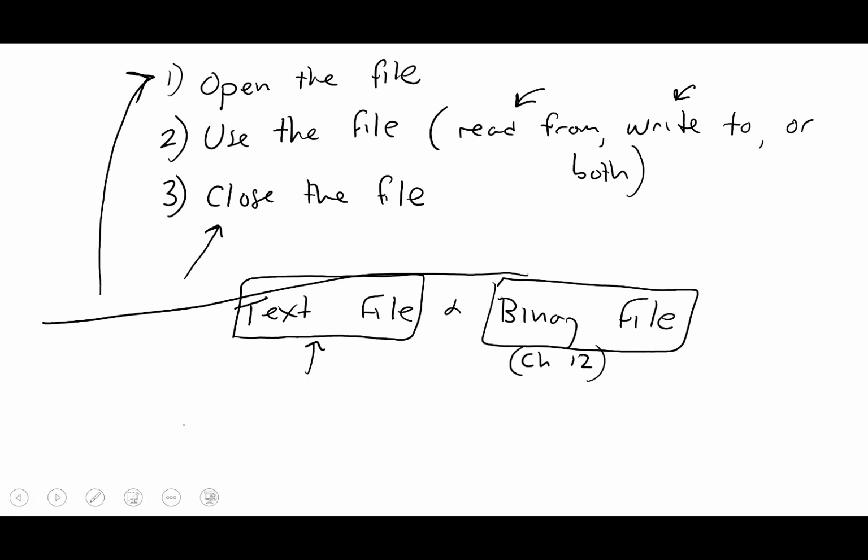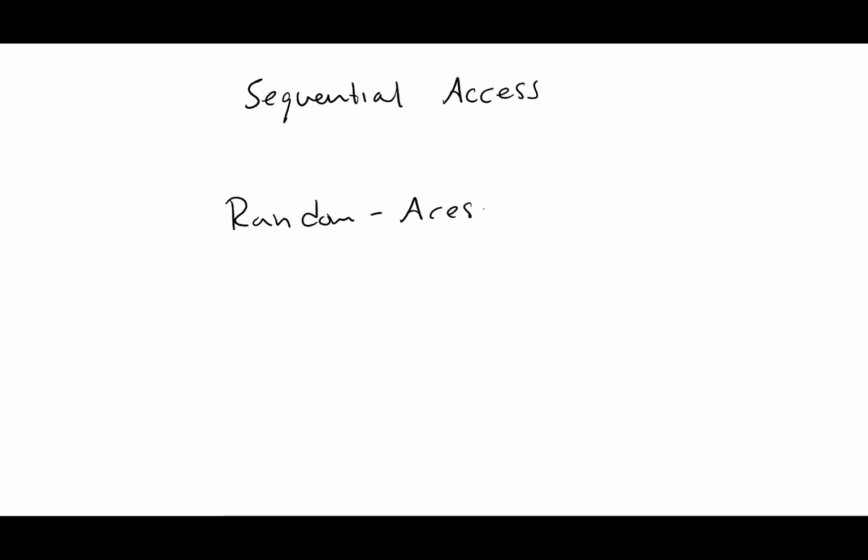There are also a couple of file access methods, and you've probably heard of these: sequential access and random access. Sequential access is basically like a cassette tape.